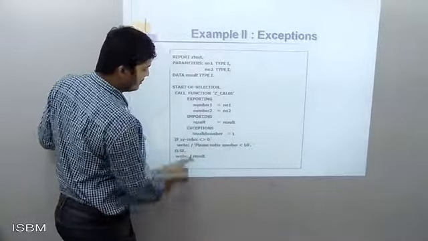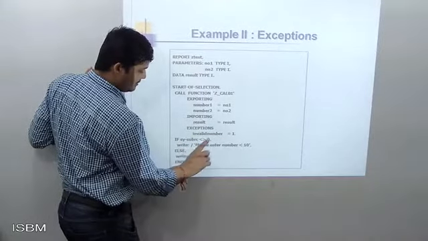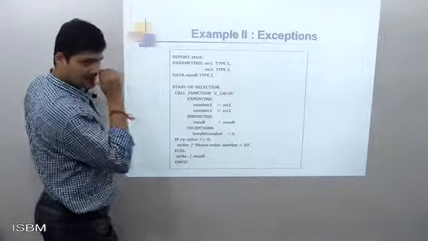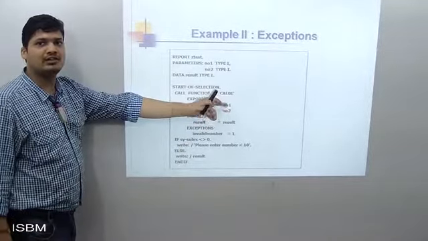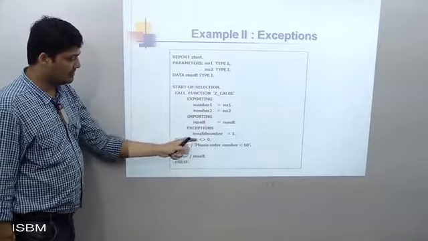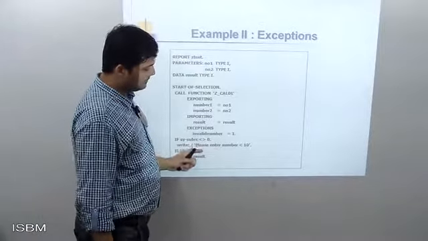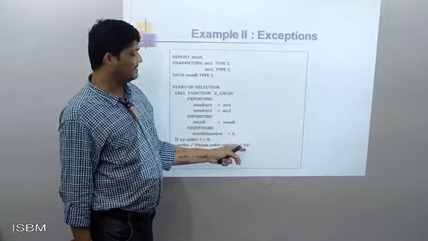Again I am going to tell you, in the exception there is an invalid number. I have written 1. So if SY-SUBRC is not equal to 0, in the sense the condition has not been satisfied, they have written some value which is more than 9. That's why I have written, if SY-SUBRC is not equal to 0, then write 'please enter number less than 10'.